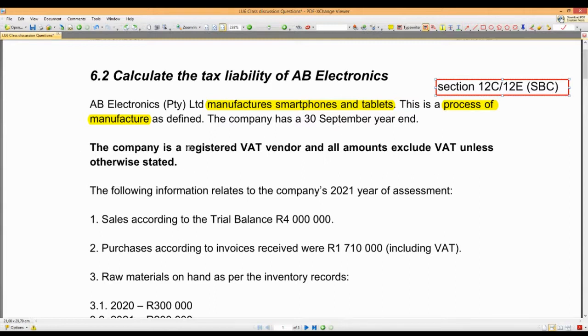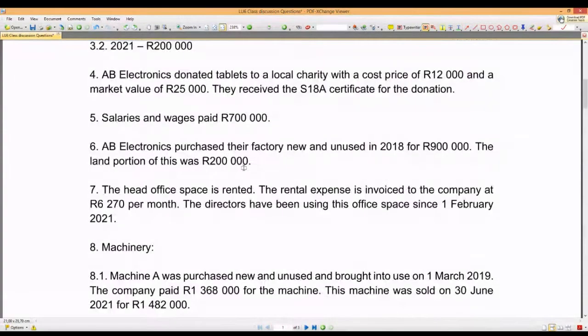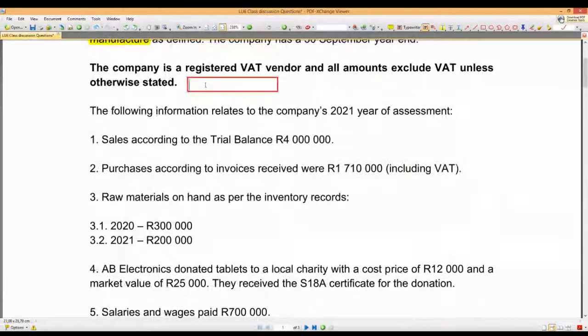They tell you the company is registered for VAT, as a registered VAT vendor, which means we need to remove VAT from the assets' value before doing our capital allowances.